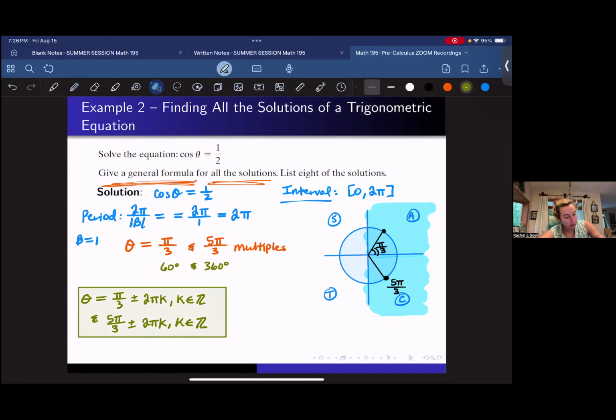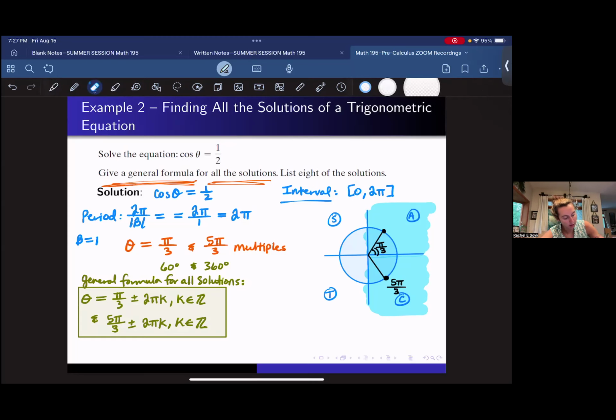Now, if you wanted to do it in degree format, let me just write general formula for all solutions. If you wanted to do it in degree format, then you would just look at, okay, 60 degrees plus or minus 360k, where k is an element of all integers, or the 360 degrees.